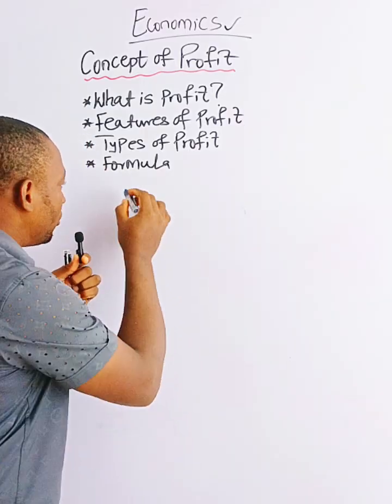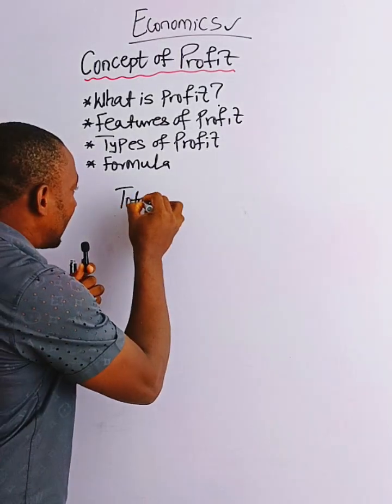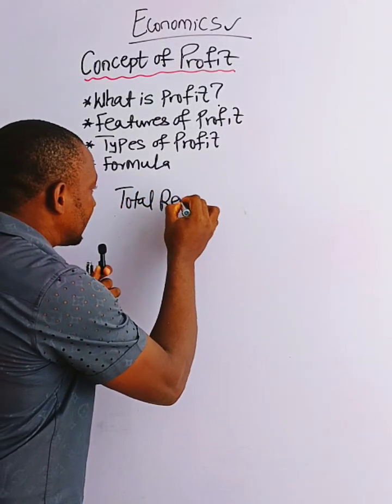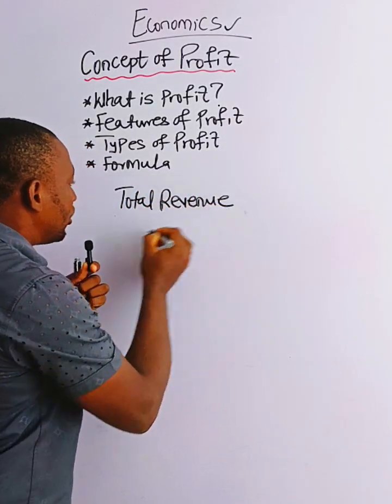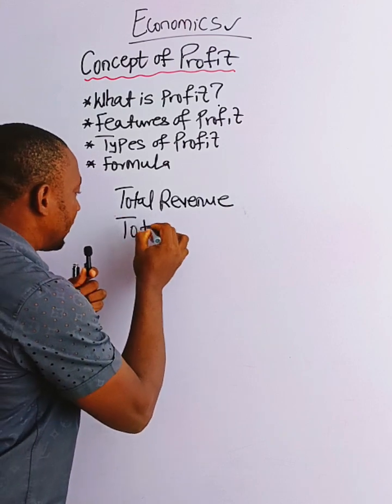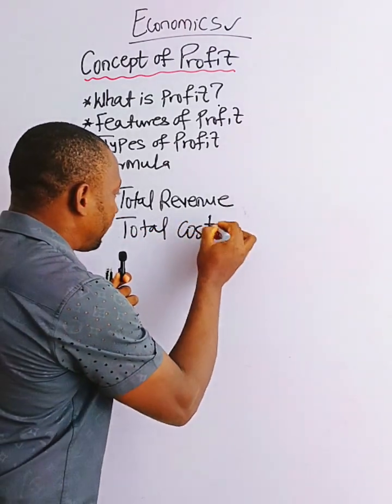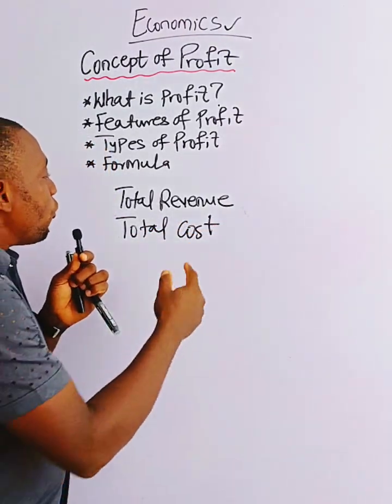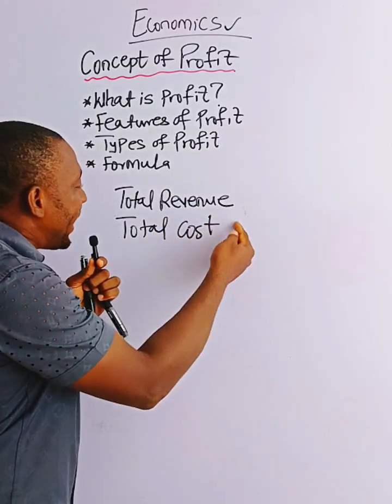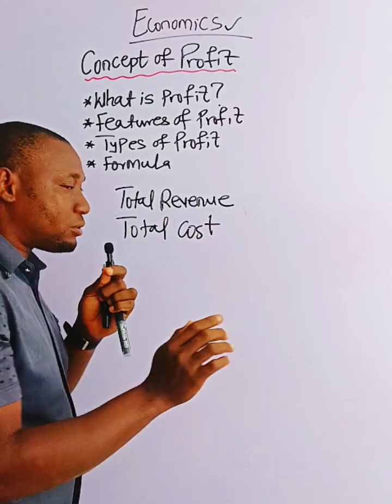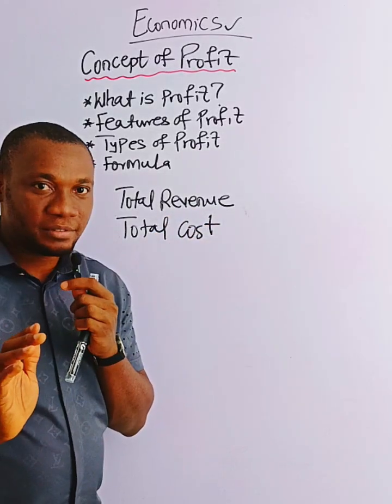So in profit, you look at total revenue, right? You have what? Total cost. Pay attention. All right. So when the total revenue exceeds the total cost, profit happens.